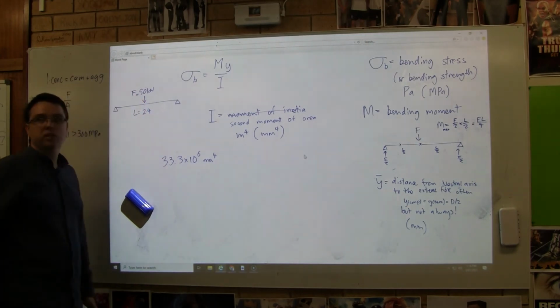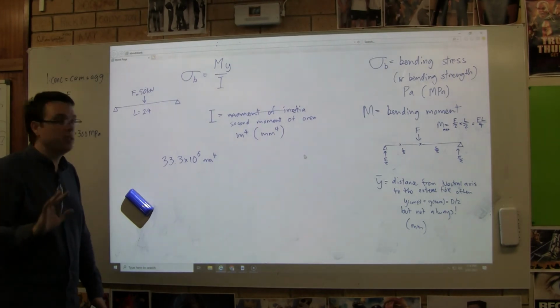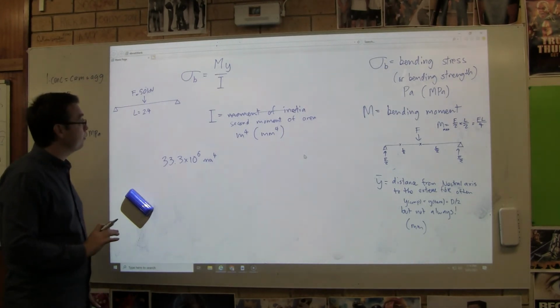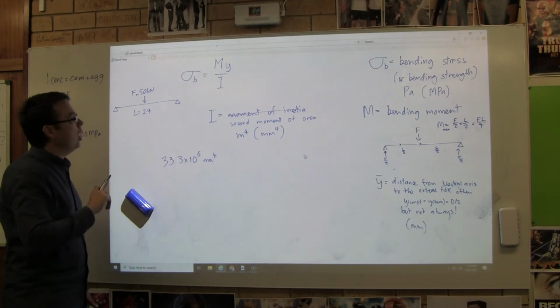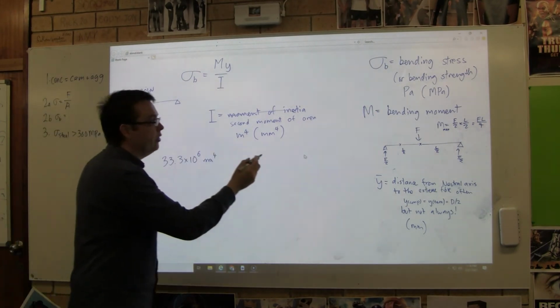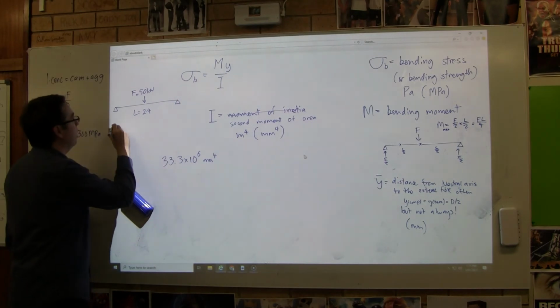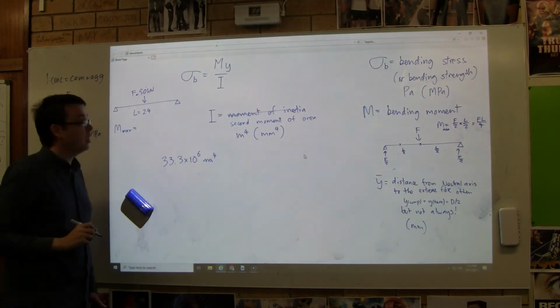So that's a very simple version of what's going on, right? Now, if we use that formula, what would our M be using this formula over here? M max, our maximum bending moment, is going to equal what?